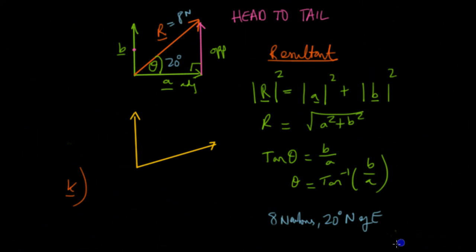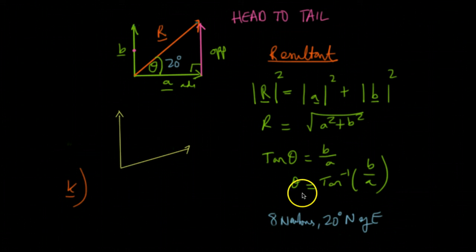Anti-clockwise of the x-axis, not very clear. But you could totally write 8 newtons 20 degrees north of east, or you could just do it in the diagram. You could indicate in the diagram, 8 newtons direction as shown in the diagram, and you show it here with the 20 degrees.